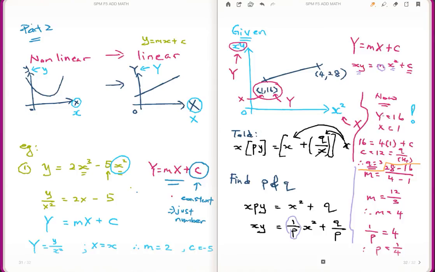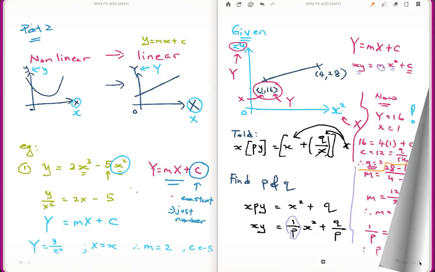The same is true when you try to sketch or plot a graph, where you need to make use of the small x and y to get the capital X, capital Y. I'm going to illustrate that in the following question. It will be the last question for this chapter. If you have any question, comment on YouTube. I'll try to help, but no promise.